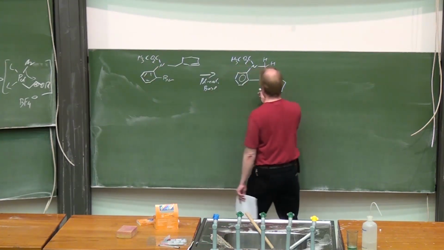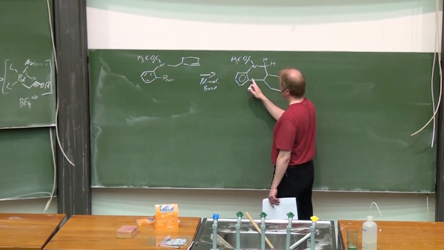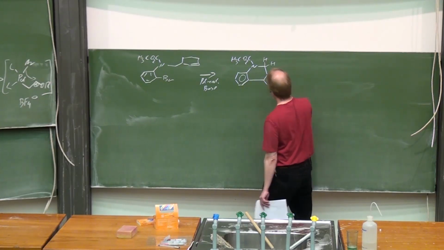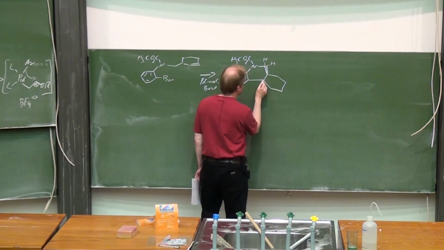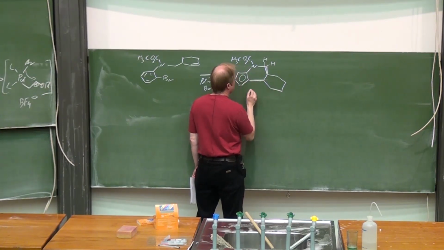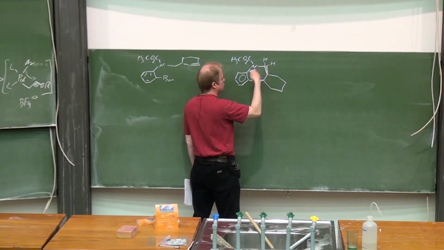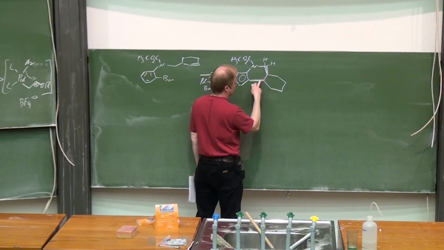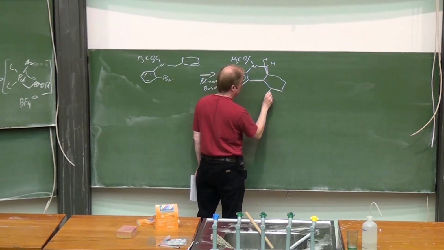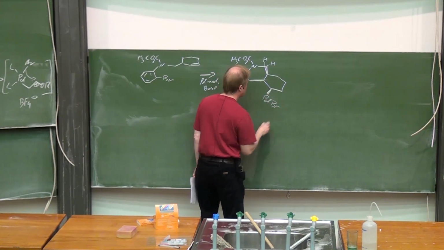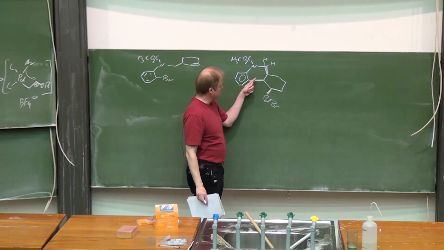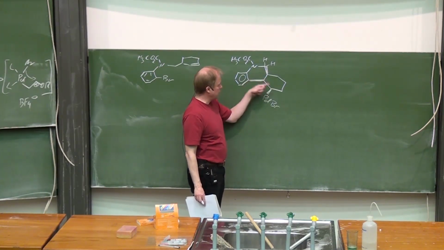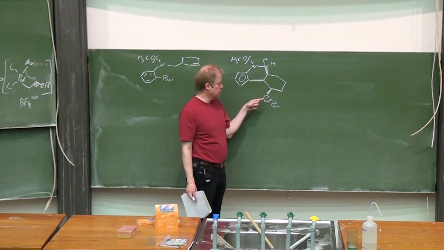So the attack of the aryl palladium should be from the same side of the ring where it is bound to. Okay, so here is the carbopalladation, and then those 3 substituents are all on the same side of that cyclohexane moiety.